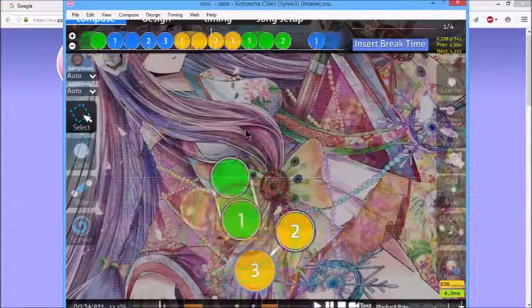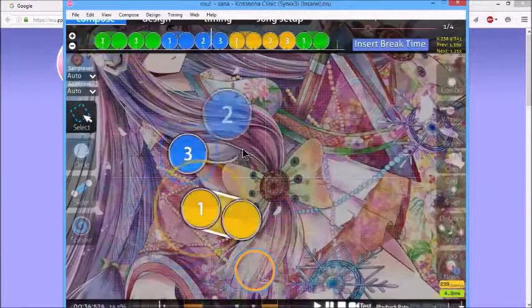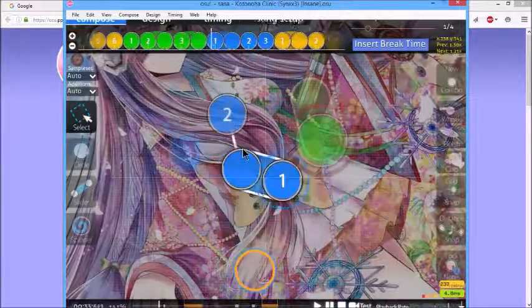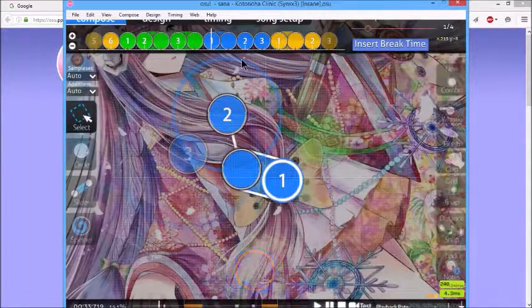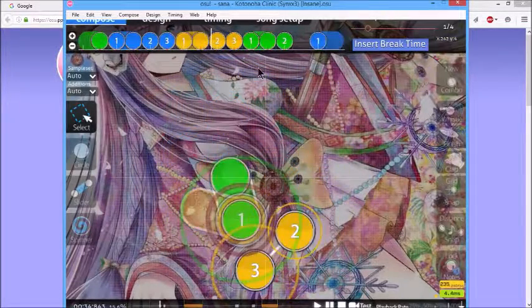Right. So that's how I think the rhythm should go. There's this repetition kind of thing here. Yeah, I should really talk about this more.